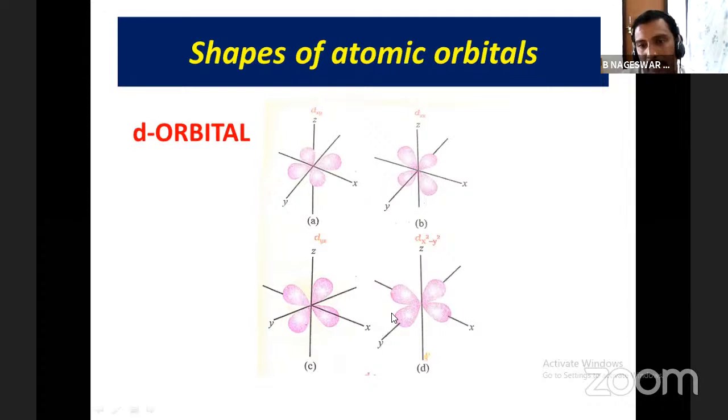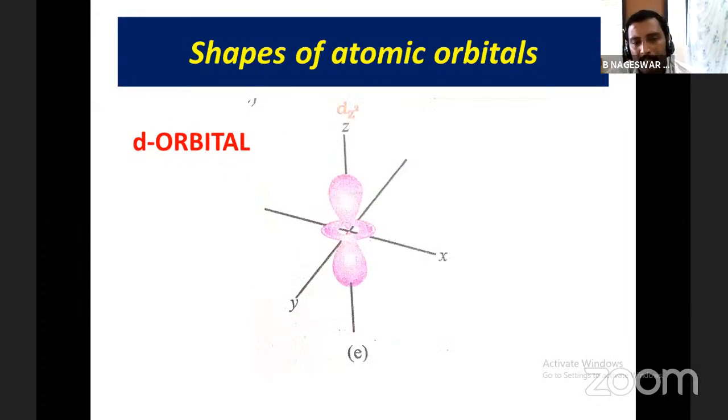dx square y square means the loops are present on the axis. In the first three, they are between the axes; the fourth one is on the axis. In dx square y square, one dumbbell is present on the x-axis and one on the y-axis. Next, the dz square orbital: the dumbbell is present on the z-axis, and moreover, here some sphere is there, as we are seeing like this.